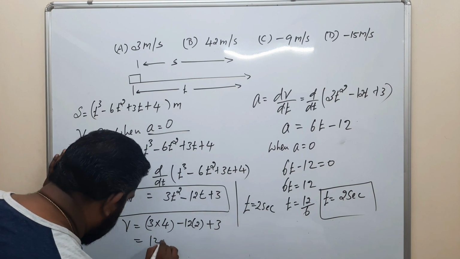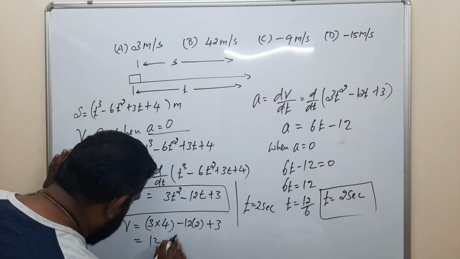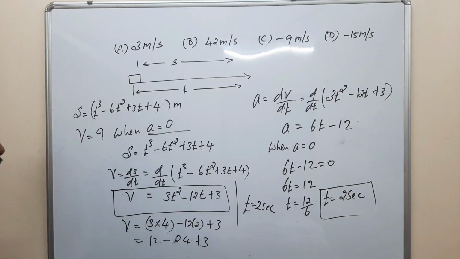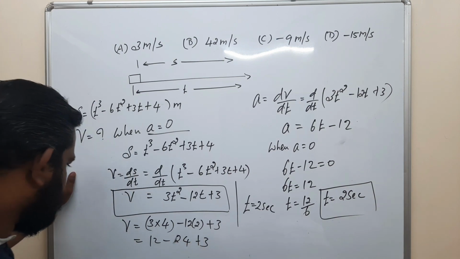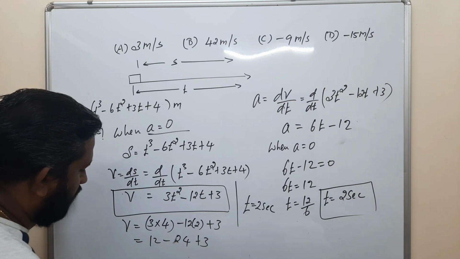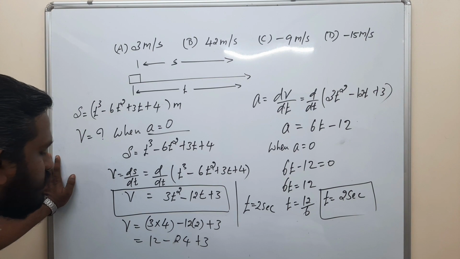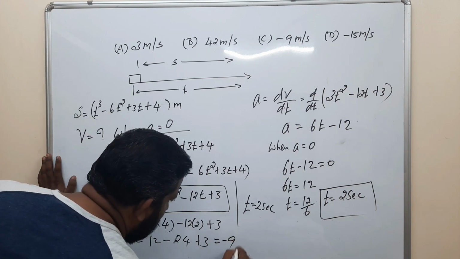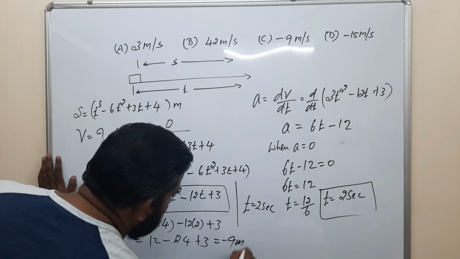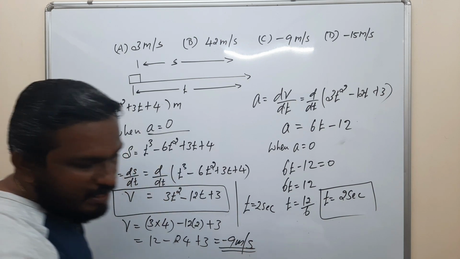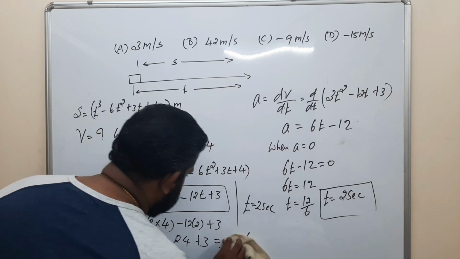So that is 12 minus 24 plus 3. 12 minus 24 is minus 12, minus 12 plus 3 is equal to minus 9 meter per second.